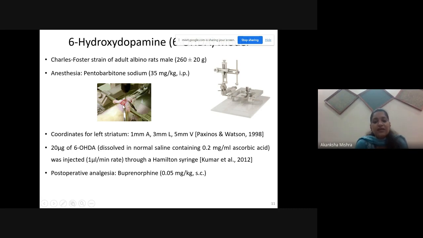After that, the fur of the head was shaved, a cut was made in the scalp, and we found the bregma point. A Hamilton syringe was attached, as we can see here, and a hole was drilled from the bregma point. It was taken from different coordinates, and then 6-hydroxydopamine was injected using the Hamilton syringe.